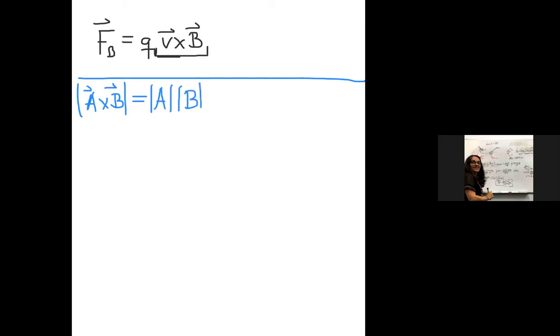Okay, the magnitude of any cross product, so let me change colors. The magnitude of any cross product, A vector crossed into B vector, is A magnitude, B magnitude, sine of theta, where theta is between A and B. So it looks at the perpendicular components, because that's where the sine theta comes in.